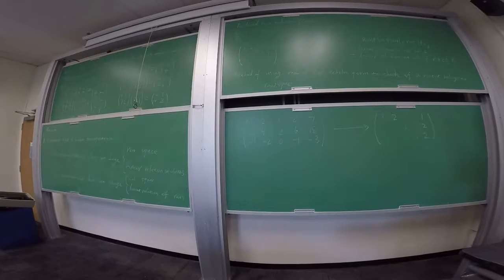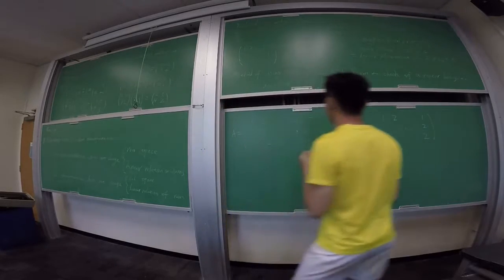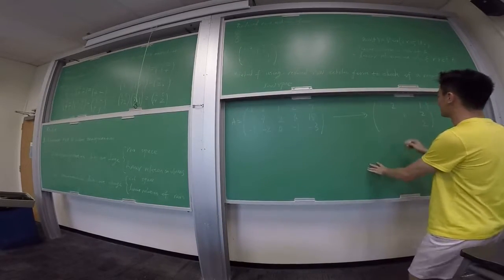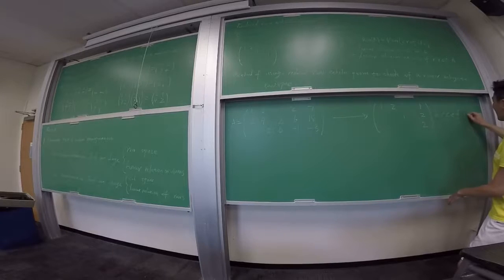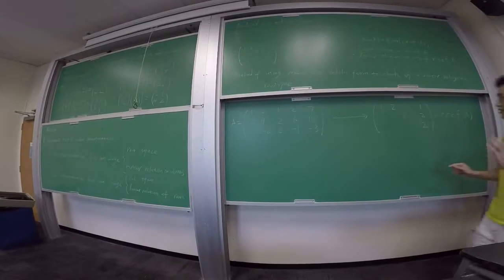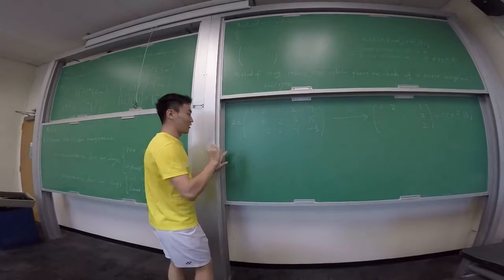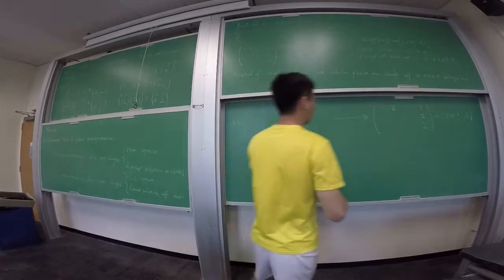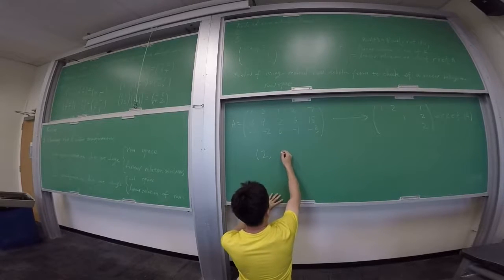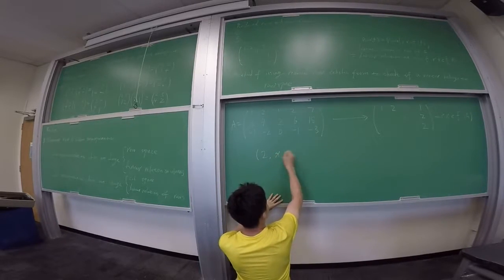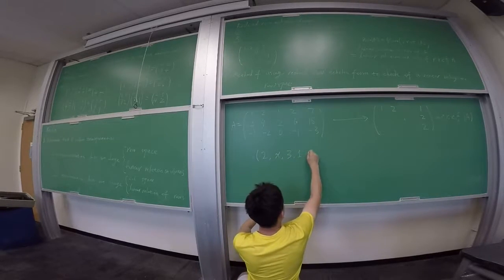Now if I ask you a question: if this is A and this is the reduced row echelon form of A, and I suppose that here are some row vectors, which is 2 and maybe some variable x, and maybe 3, 1, y.